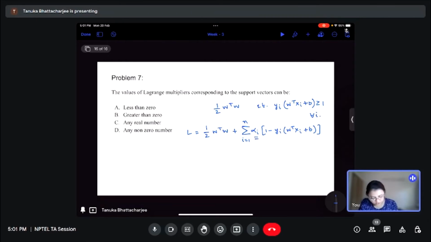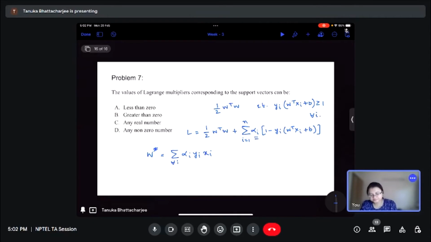What we know is that our decision surface, the weight vector W, depends on our support vectors. So our W star, the optimum weight vector, is given by summation alpha i yi xi, and only the support vectors are contributing to this. So the support vectors must have alpha i's non-zero, I mean positive, and only in that case will they contribute to this.